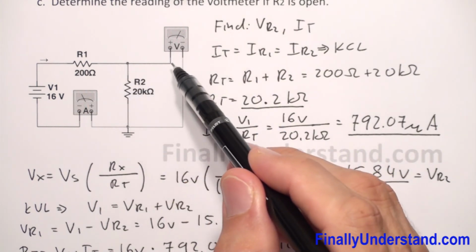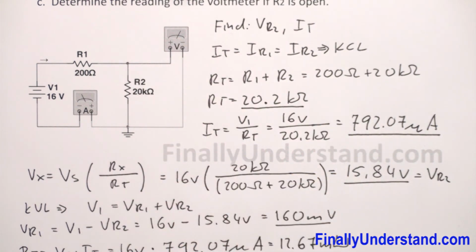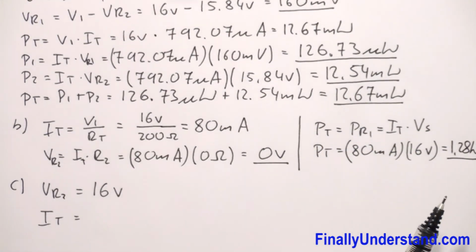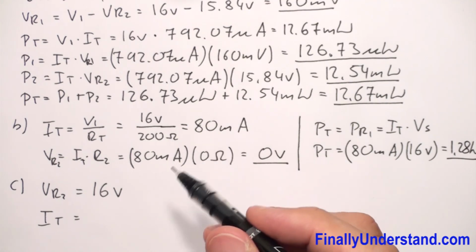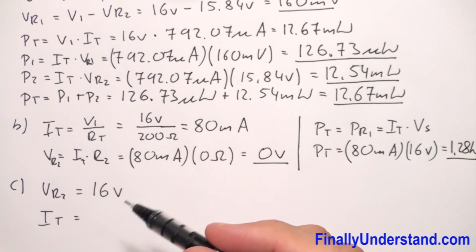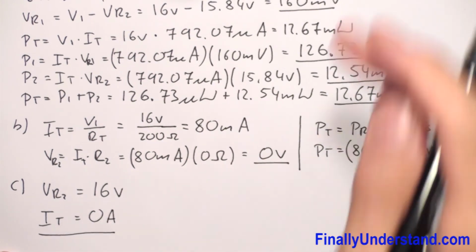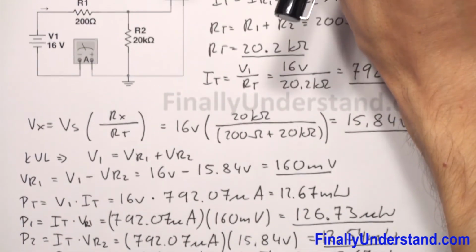That's why we are going to say that current is equal to 0, because the internal resistance of the voltmeter is not specified. That's why I'm going to say that I total is approximately equal to 0 amps. These are basically the solutions to my problem.